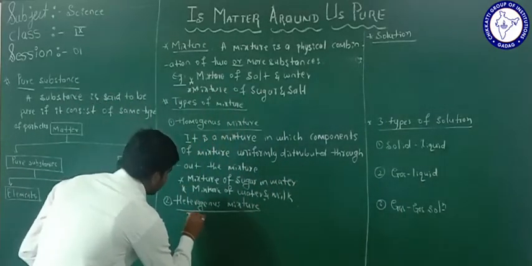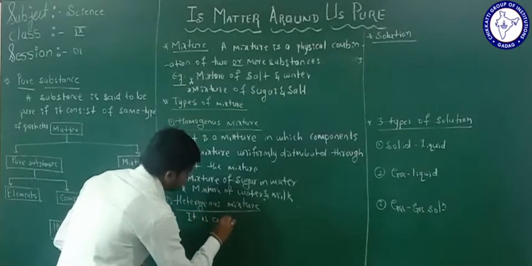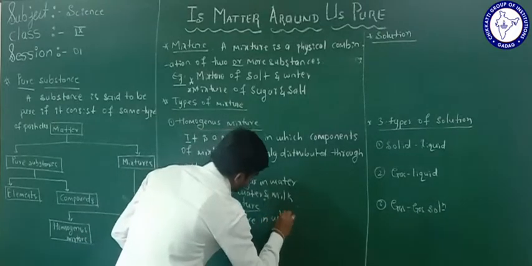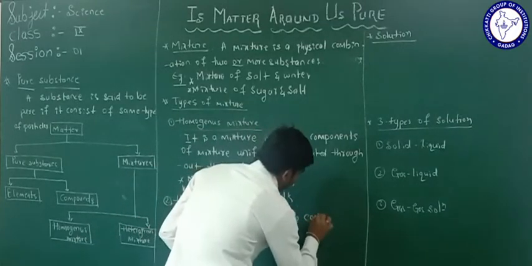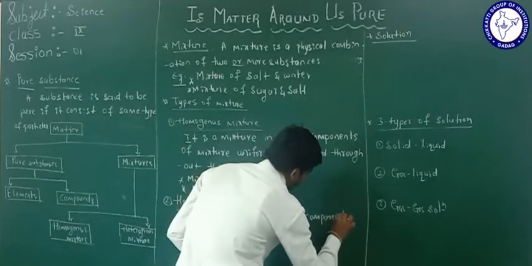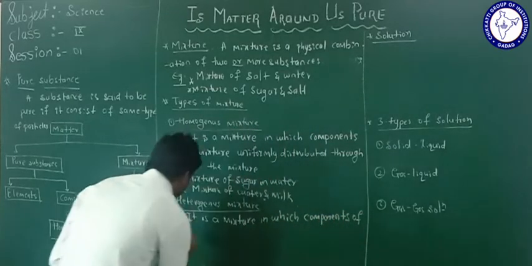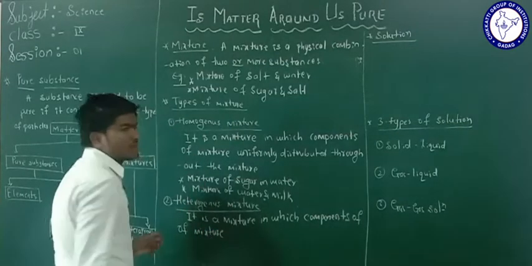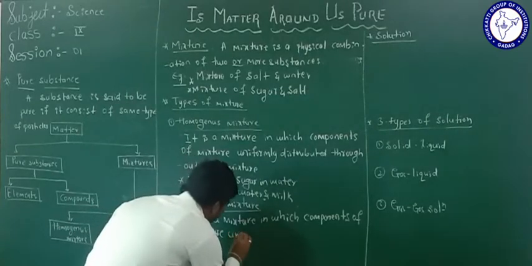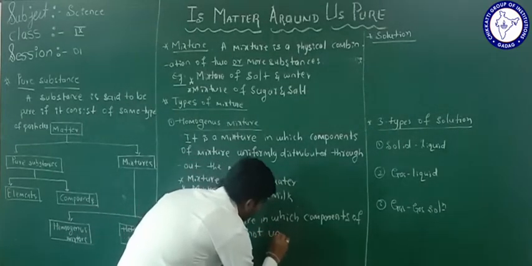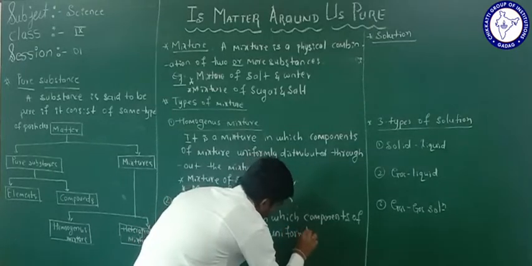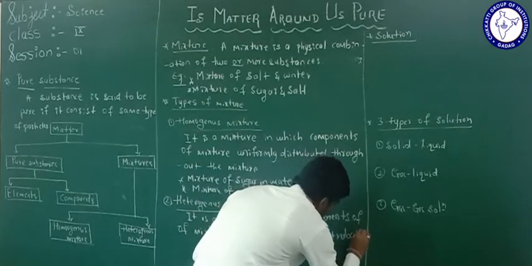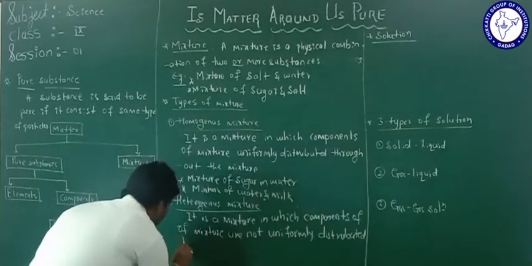It is a type of mixture in which the components of the mixture are not uniformly distributed throughout the mixture.